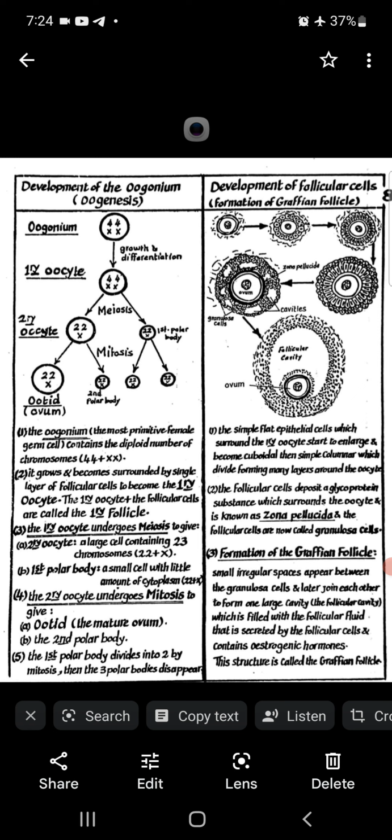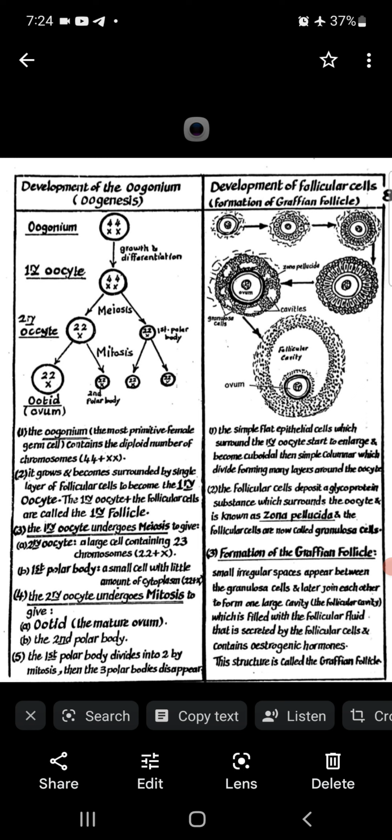Next is the formation of the Graafian follicle, and we already studied what is primary follicle. The primary oocyte plus follicular cell are called primary follicle. And what is the Graafian follicle?